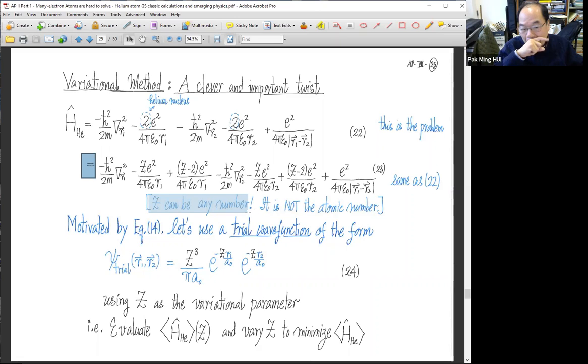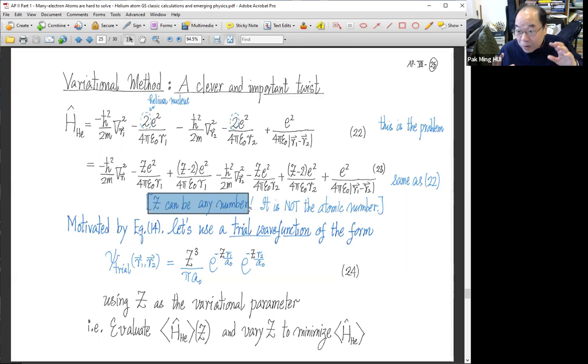All right. Now you may wonder, the variational parameter should go into the wave function. You are absolutely right. I'm writing the second line just to help those students who want to do the calculation by yourself. That follows. Okay.